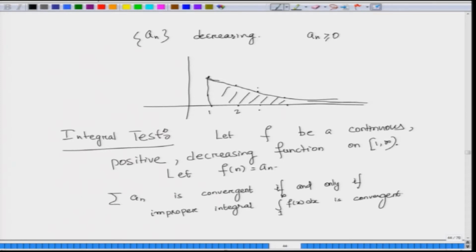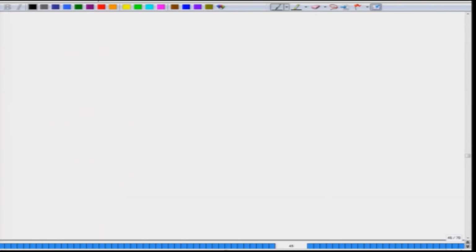So, let us apply this result to determine the convergence of certain series. Recall that we have considered the series sum of 1 by n to the power p, n equal to 1 to infinity.